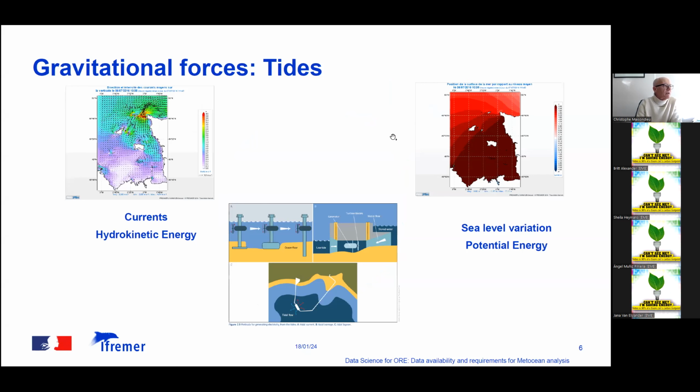So the gravitational forces will generate sea level variations and currents, which are the tidal currents. And so from these sources, we can extract potential energy through the development of tidal barrage or tidal lagoons. And we also can extract the hydrokinetic energy using, for instance, tidal turbines.